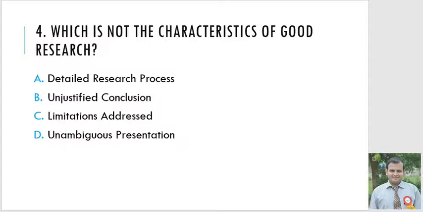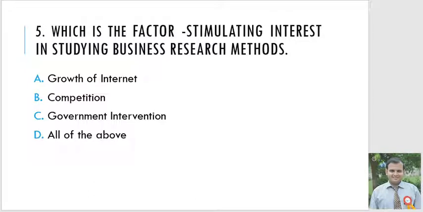Now moving ahead with the fifth question, which is the factor stimulating interest in studying business research methods? There are various factors which may stimulate interest in studying research methods.